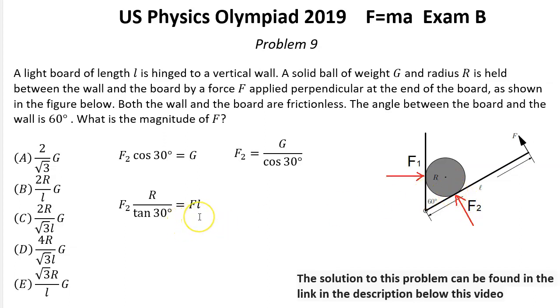That's equal to the torque F multiplied by L. And from here we can calculate force F. That will be this expression, and after all, that's 2GR over L. That's answer B, and that was the solution for problem number 9.